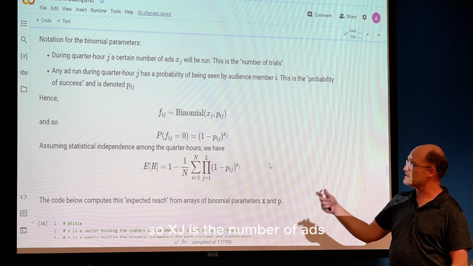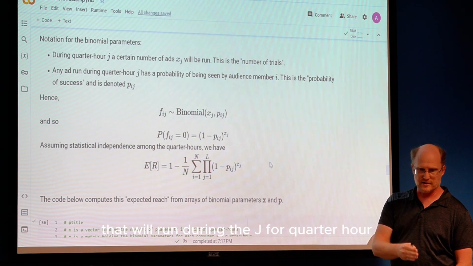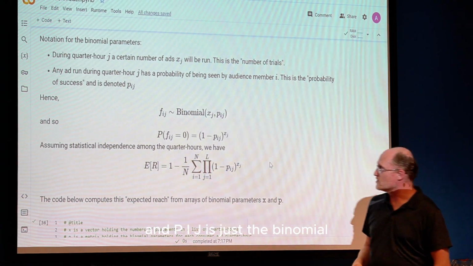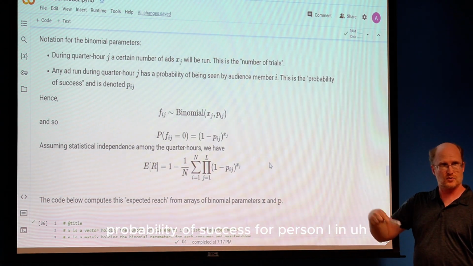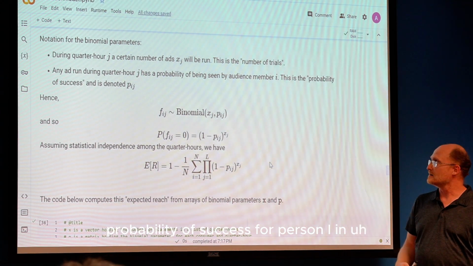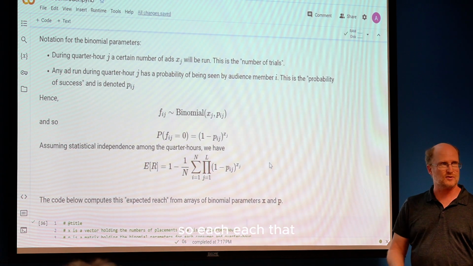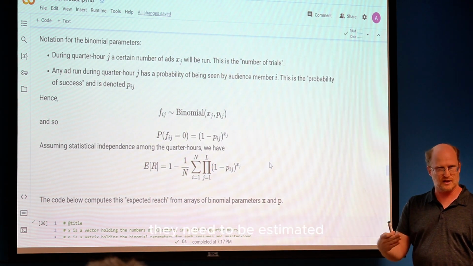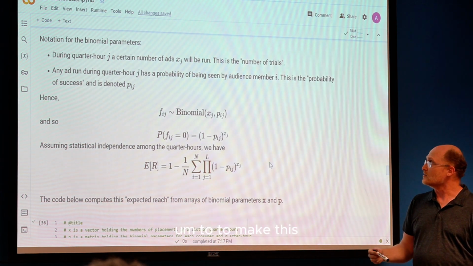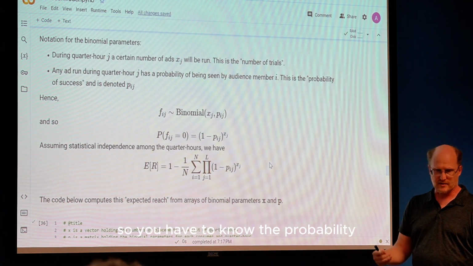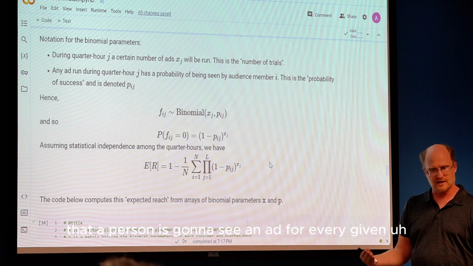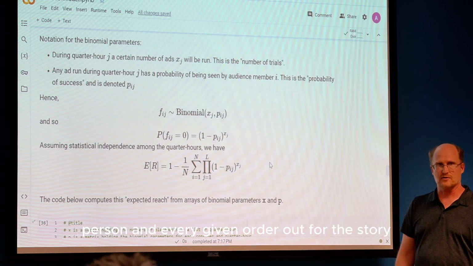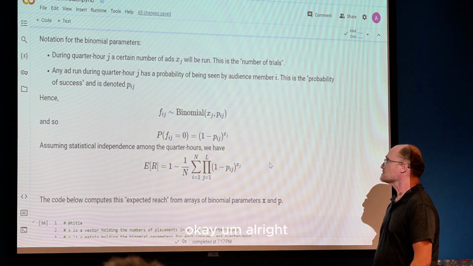So xj is the number of ads that will run during the jth quarter hour, and Pij is the binomial probability of success for person i for that quarter hour. Such granular probabilities need to be estimated to make this model run. You have to know the probability that a person is going to see an ad for every given person in every given quarter hour for this to work.